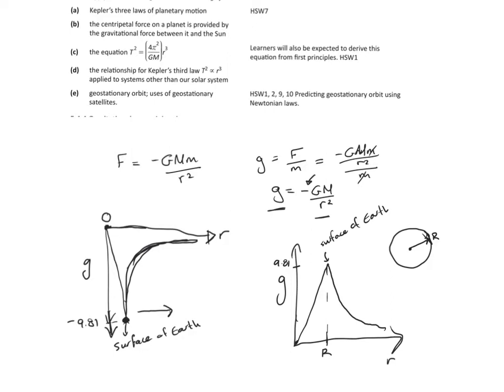Then the further you move from the Earth, your value of g, the gravitational field strength, decreases in an inverse squared proportionality relationship. So that's why the line is kind of like a parabola.